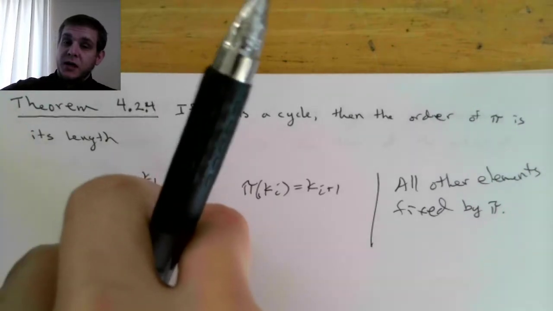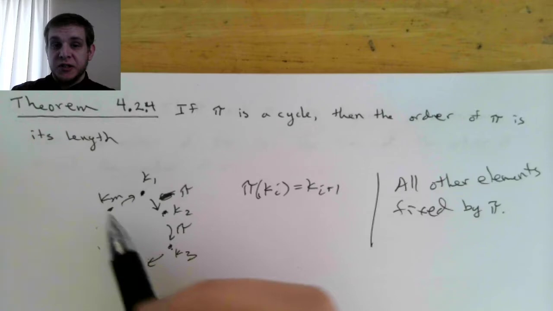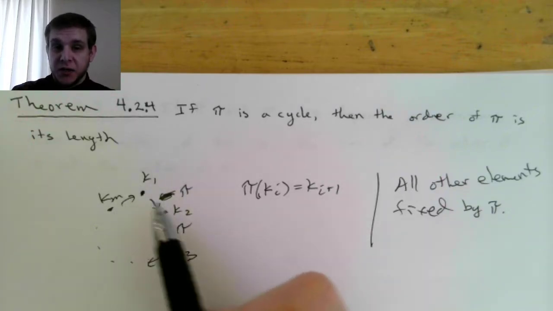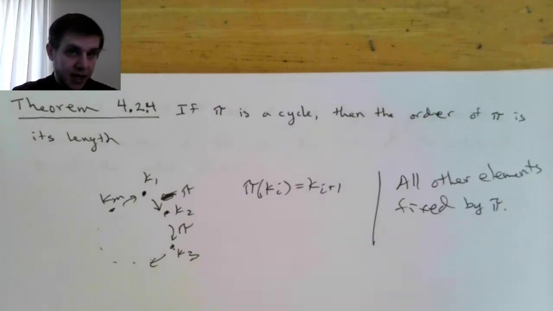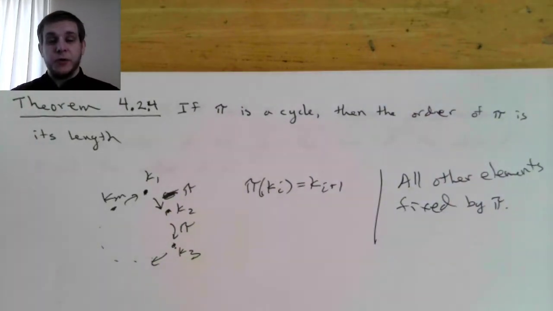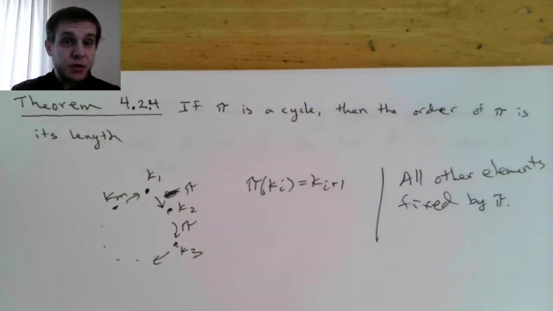So m is certainly a number such that pi to the m is equal to the identity, because all of these guys get fixed, and these are fixed by pi. So if I keep iterating pi, it's just going to keep fixing them over and over again. So pi to the m fixes everything, and hence is equal to the identity permutation, right?